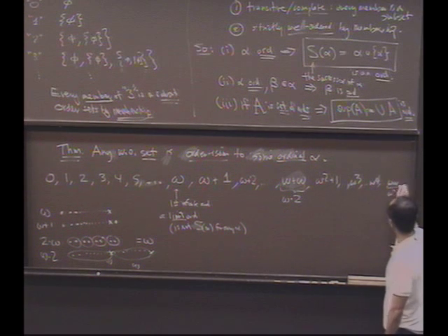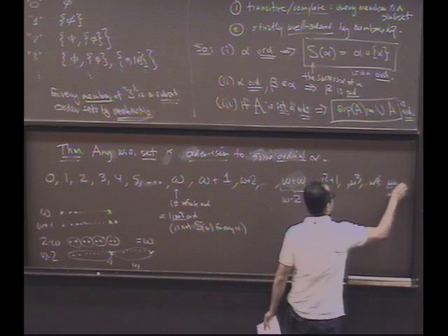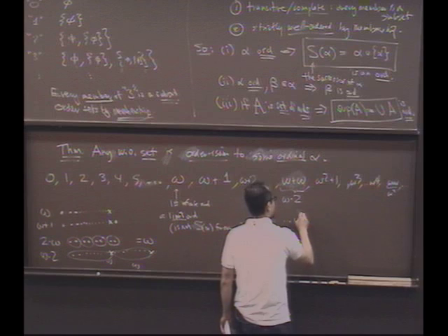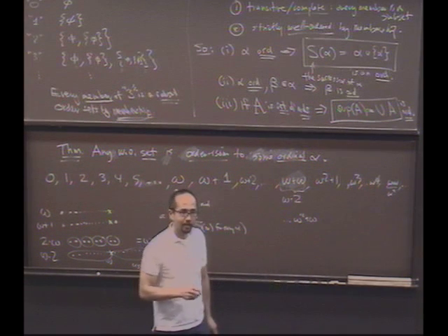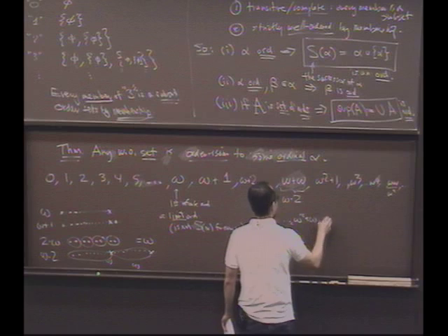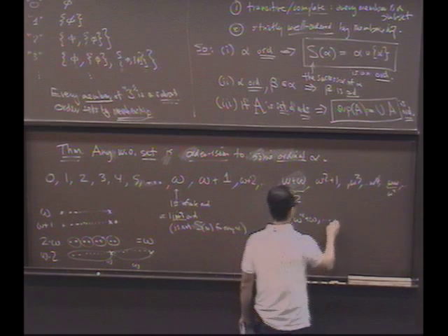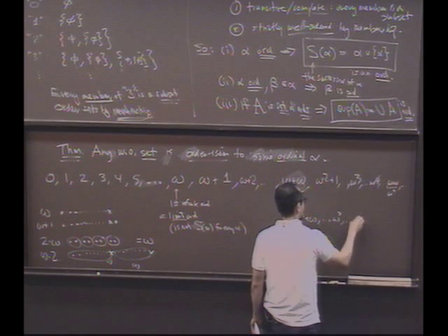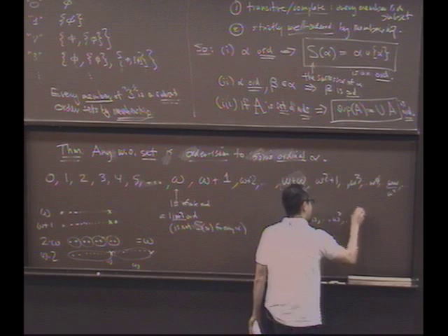And then omega squared plus 1, omega squared plus 2, blah, blah, blah. Past some point, you get omega squared plus omega. Etc., dot, dot, dot. Eventually, you get omega cubed, omega to the 4th, dot, dot, dot. Eventually, and take the successor of all those, you get omega to the omega.